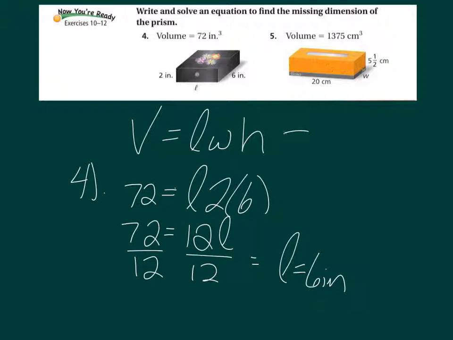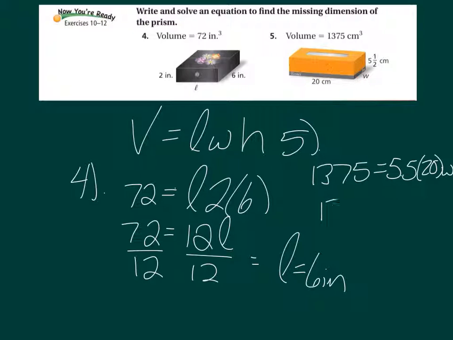Next one, number 5. I have 1375 is equal to 5.5 times 20, so we'll say 5.5 because we're going to punch this in a calculator, times 20 times W. Sorry, I'm running out of room. So I'm going to take 5.5 times 20, and I get 110.